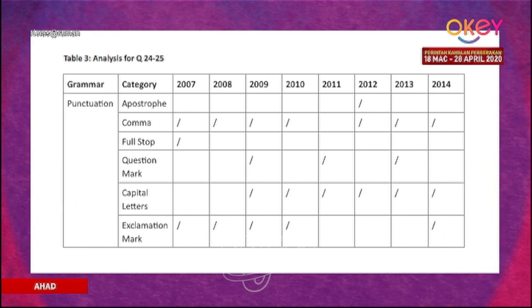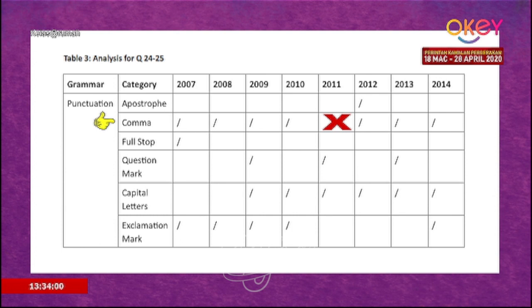The third table shows the analysis for punctuation. Apostrophe, comma, full stop, question mark, capital letters, and the exclamation mark were asked in the UPSR. Among these punctuation forms, commas were the most frequently asked, appearing each year except in 2011.